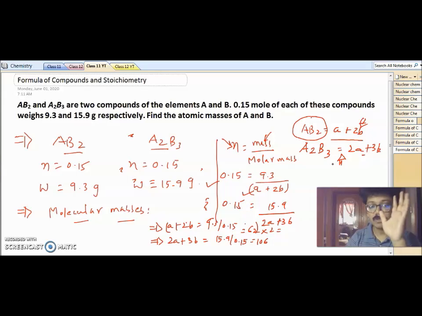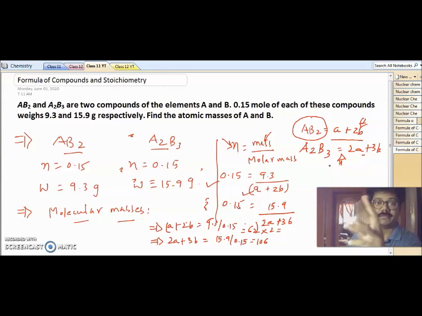So this is all about it: the unknown elements are given, the number of moles of the compounds when they combine with one another in two different forms is given, and their masses are given. On the basis of those masses and the number of moles, you find the molecular mass in a particular mathematical expression.